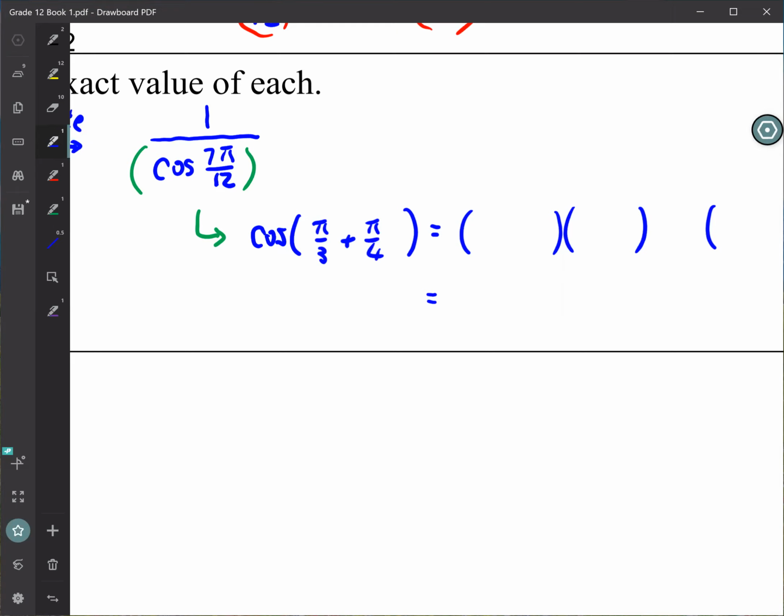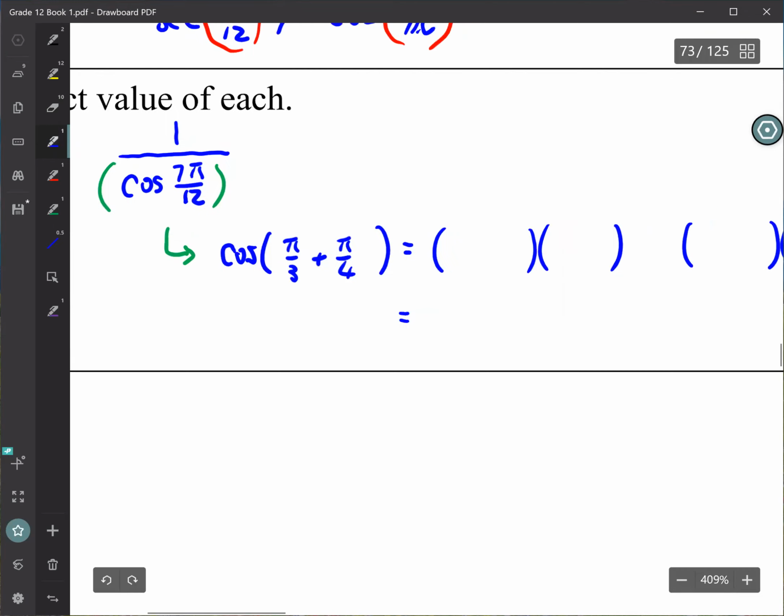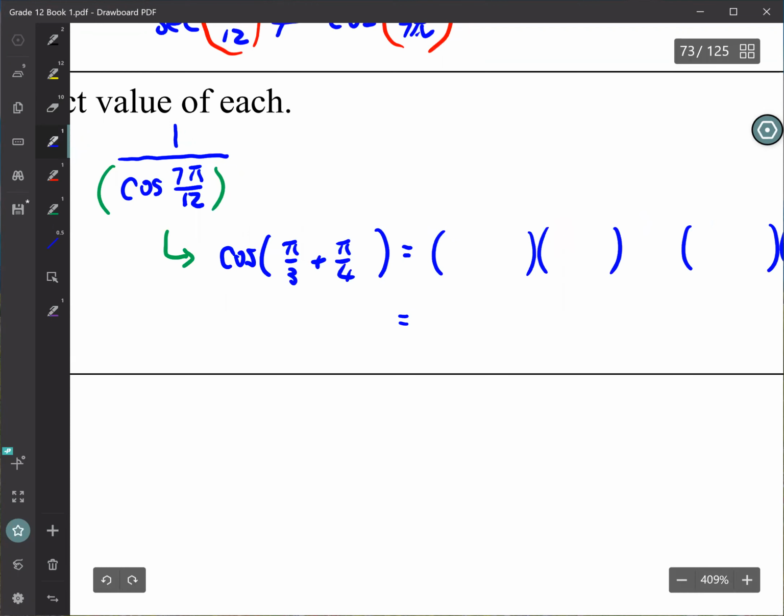Kelly, did you use the same pair? Yes. In the same order as well? Yes. Okay, so what's your first bracket? Root 3 over 2. And the second one? 1 over root 2, over 2. Okay, looks good.